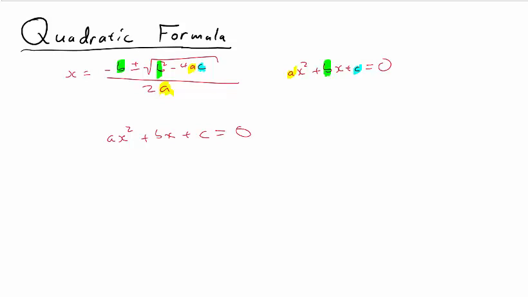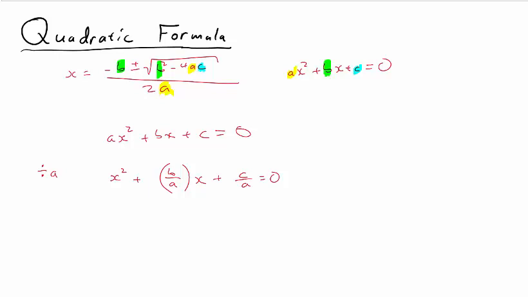Alright, so the first thing we do is divide by a. Remember, that's what we do with completing the square. When you divide by a, we get x squared plus b divided by a times x plus c divided by a, and that equals 0. Remember, that was the first step.